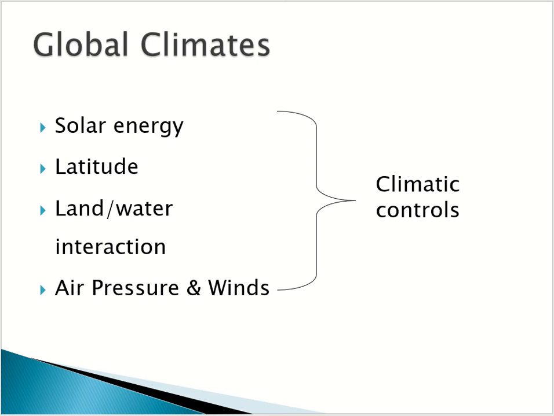These being solar energy and how it interacts with the surface can vary by latitude, so by distance from the equator, north or south. Other important processes are interactions between solar energy and either land or water, and also how it affects air pressure and wind.